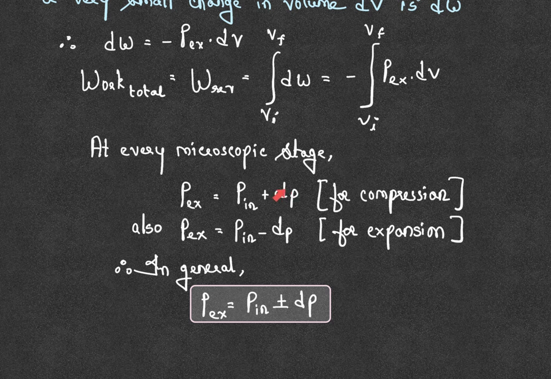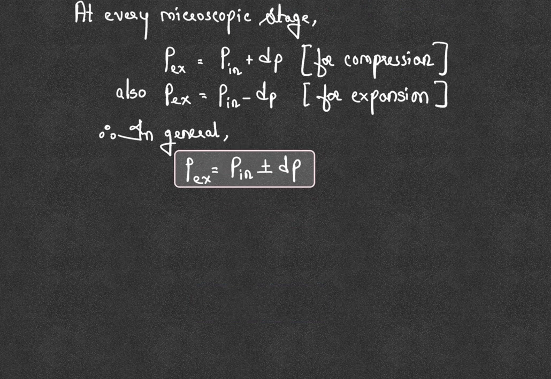And when expansion is taking place, when the gas is doing work and expanding, your external pressure has to be less, so your external pressure would be internal pressure of gas minus dP. In general, for expansion or compression, it will be plus or minus dP. Clear? Okay.